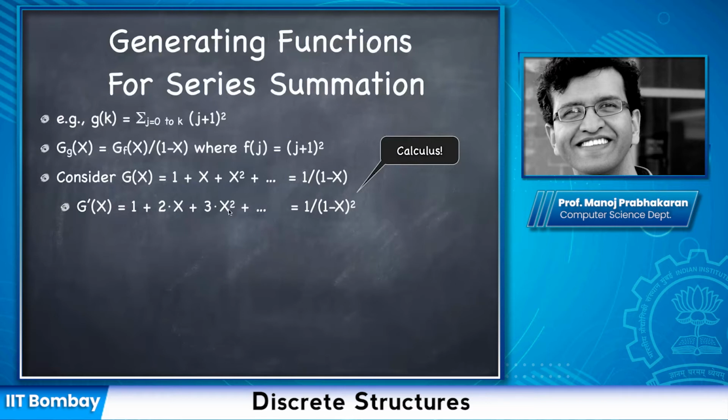So x to the power k will become k times x to the power k minus 1. The 1 here disappears when you take the derivative. x became 1, x squared became 2x, and so forth. So that's the summation here. On the right hand side, again, you can use the rules of derivatives to directly get that this is 1 divided by (1 minus x) the whole squared.